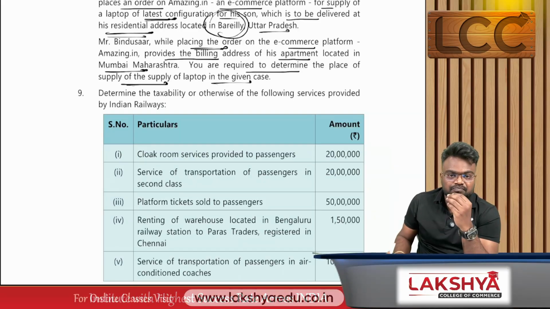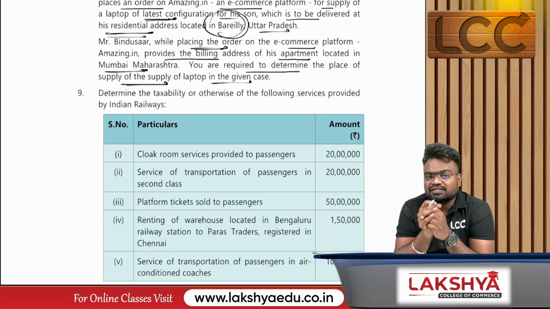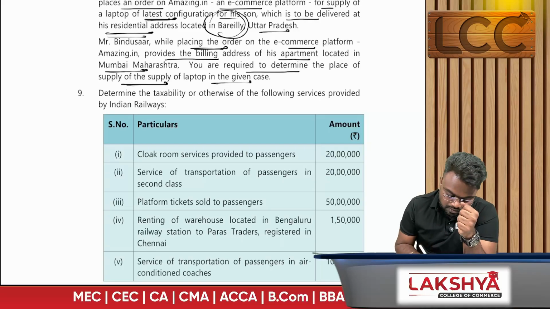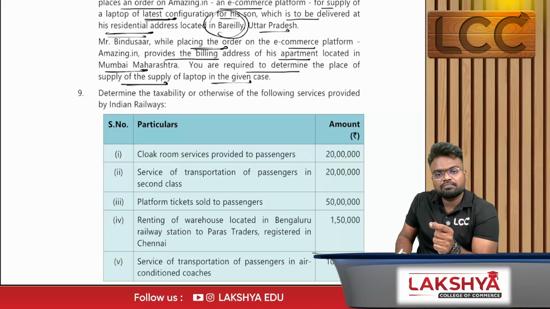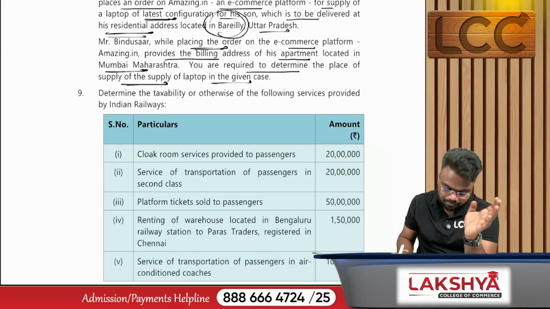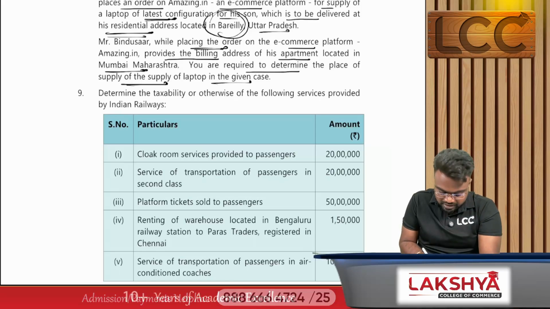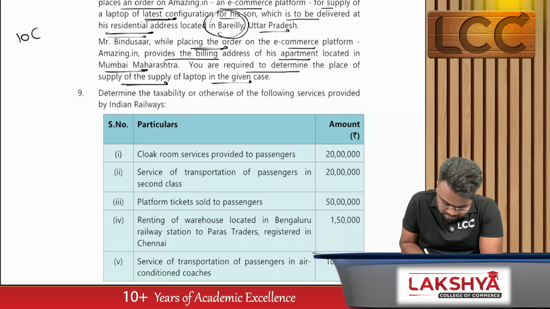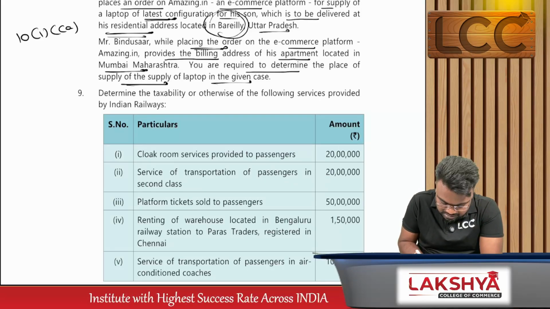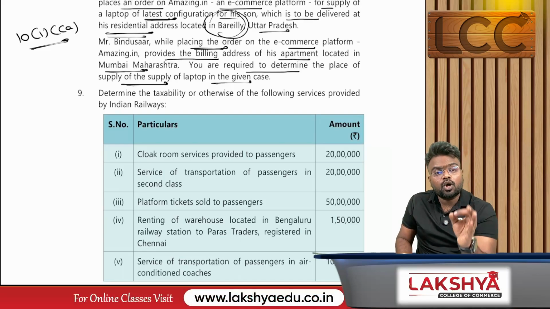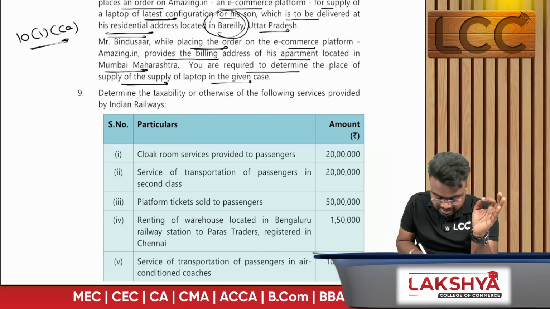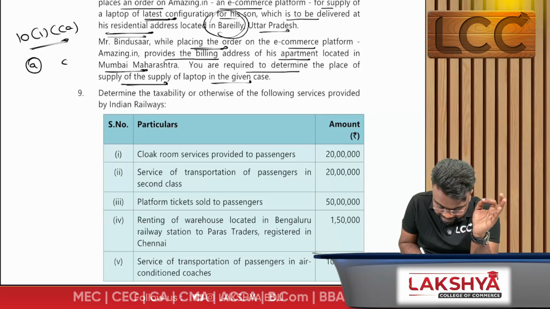Generally, in case of goods, what is the section that is covered? 10.1a, 10.1b, 10.1c, D and E. There is one more provision introduced, called 10.1ca: notwithstanding anything contained in 10.1a and 10.1c.